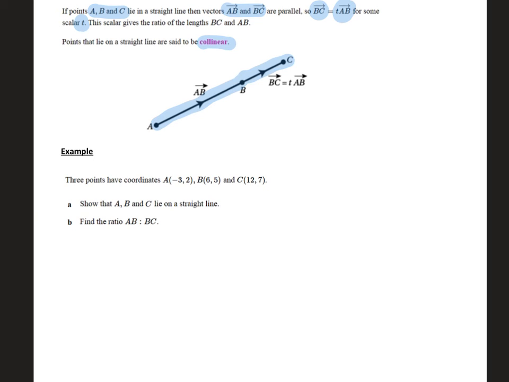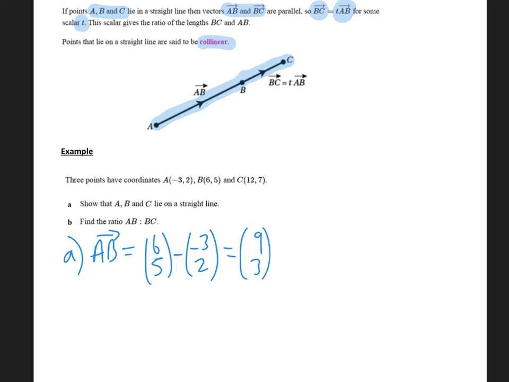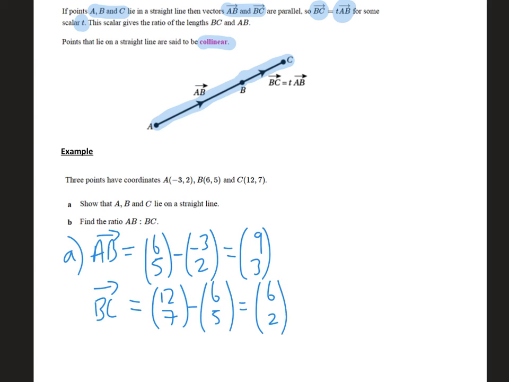However, I'm going to show you how you can do this using vectors. So for part A, I can work out the vector AB. That's B minus A, so (6, 5) minus (-3, 2), which gives me (9, 3). If I work out BC, that's C minus B, so I get (6, 2).